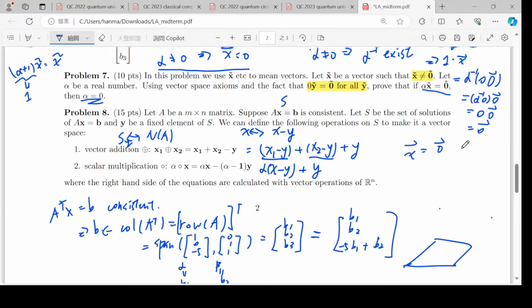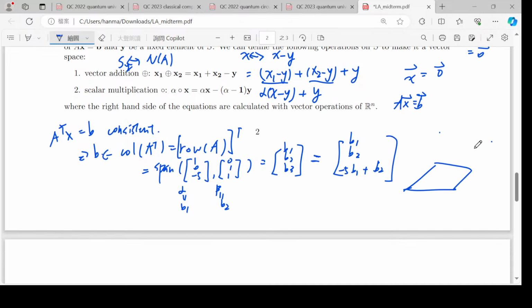We are thinking about the solution of Ax equal to B, right? Ax equal to B. Okay, so for Ax equal to 0, so if B equal to 0, we are thinking about the solution of Ax equal to 0, then that's like the null space of A, and it's a subspace.